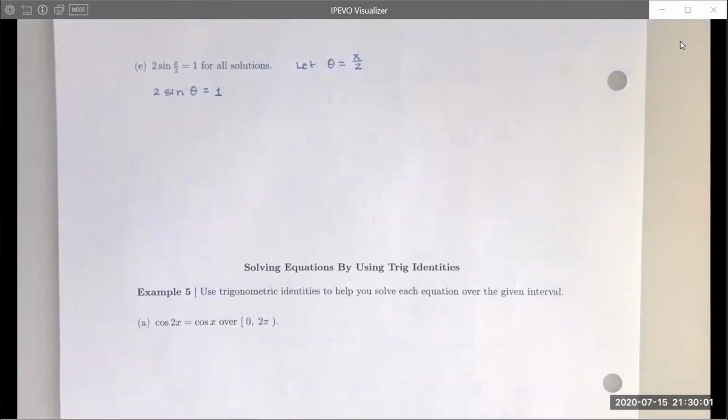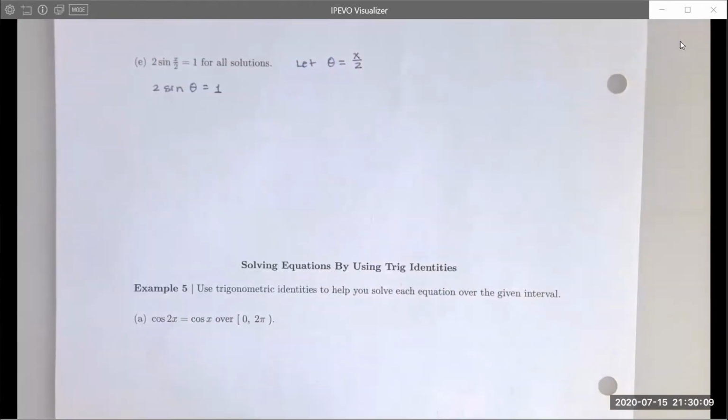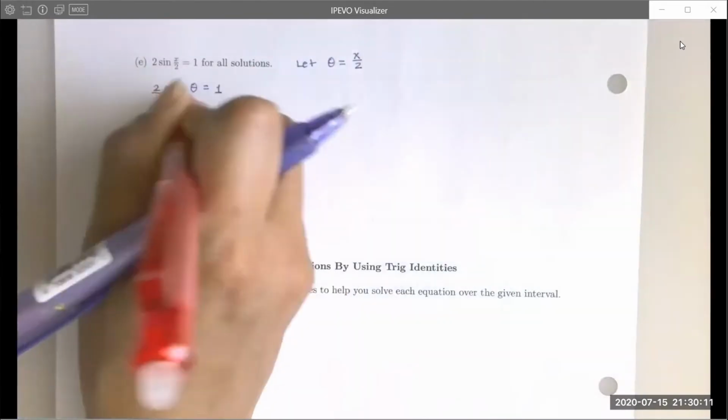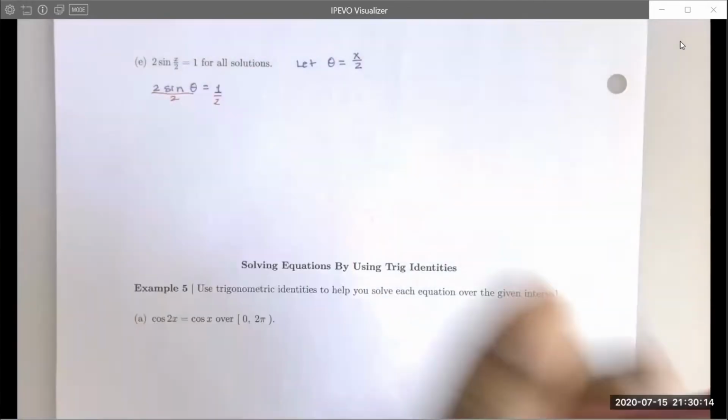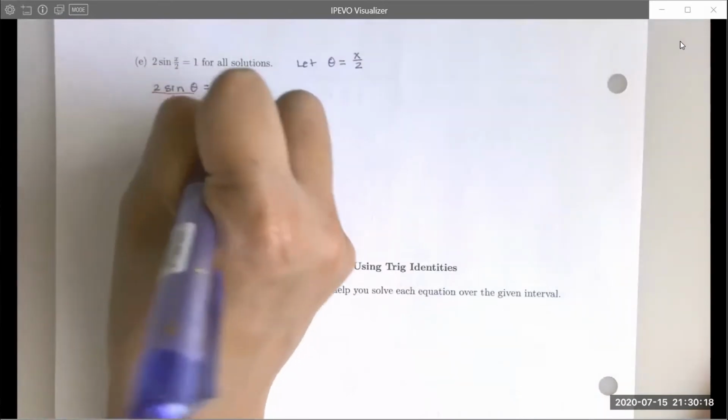If I let theta be x over 2, then I'm solving 2 sine theta equals 1. In order to isolate the sine theta, I would simply need to divide both sides by 2. And I'd have sine theta is equal to 1/2.